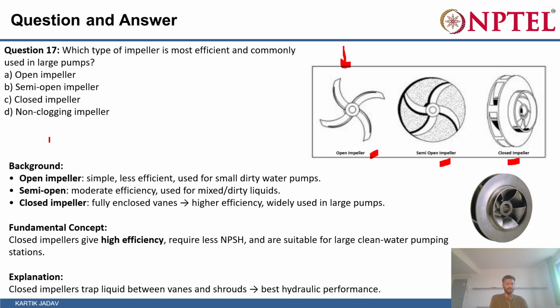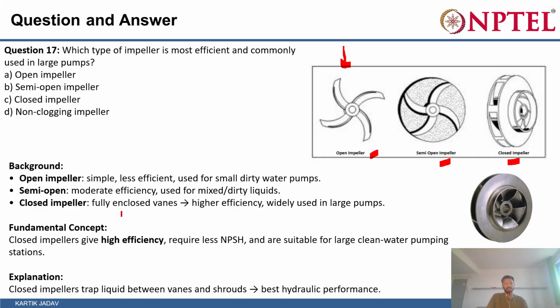Open impeller, we know that it is simple and less efficient and generally used for dirty water, poor quality water. Semi-open has moderate efficiency and is used for mixed or dirty fluids. That is too much dirty.